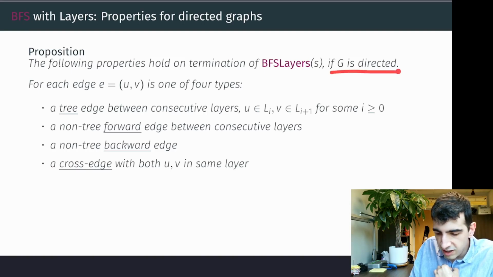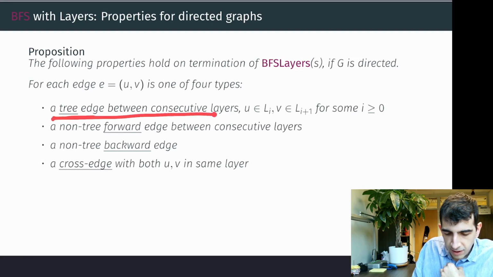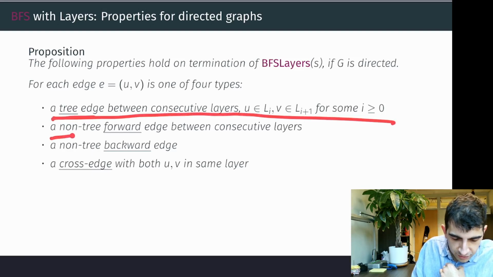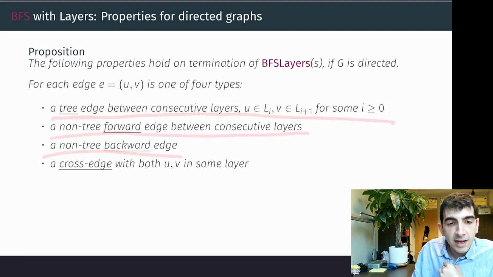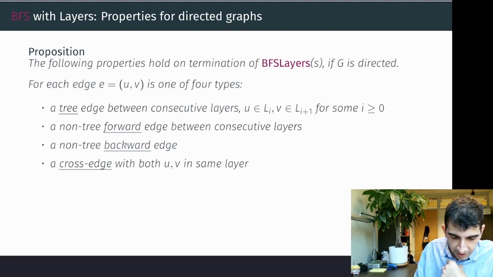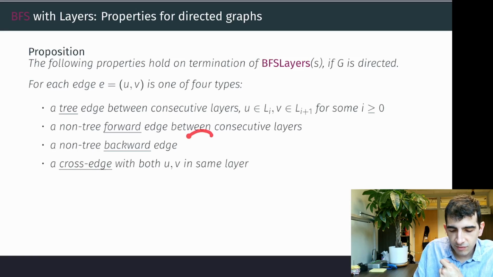Okay, and also talking about layers, for the case where G is directed, every edge is one of four types: the tree edge between consecutive layers, a non-tree forward edge between consecutive layers, a non-tree backward edge that is not necessarily between consecutive layers, or a cross edge with both vertices in the same layer. Okay, so the difference is that for directed graphs, you could have backward edges that are not necessarily between consecutive layers.